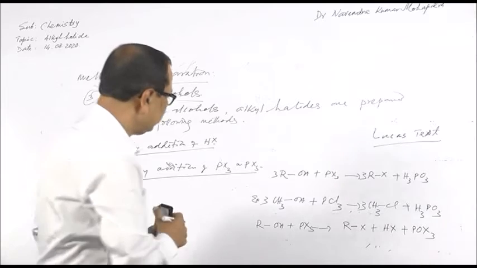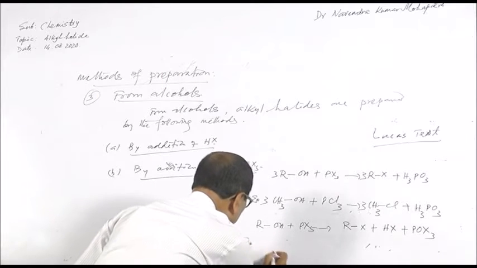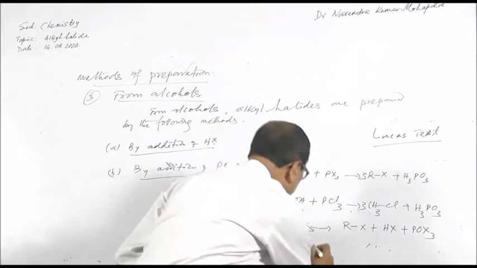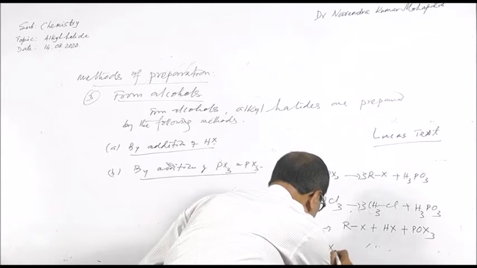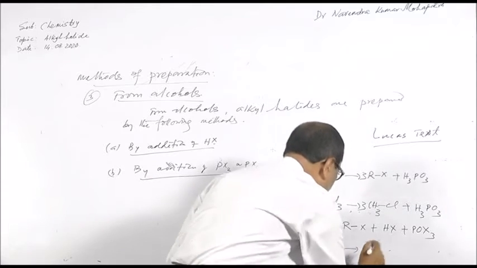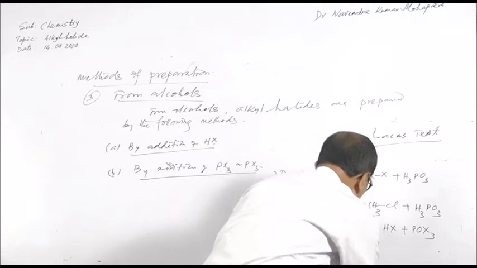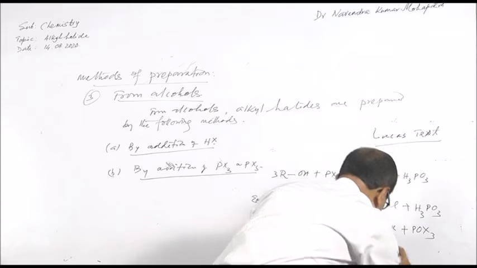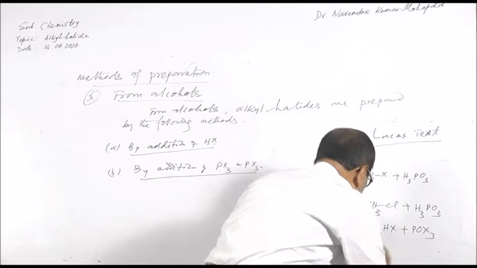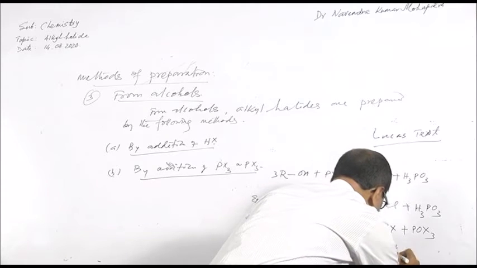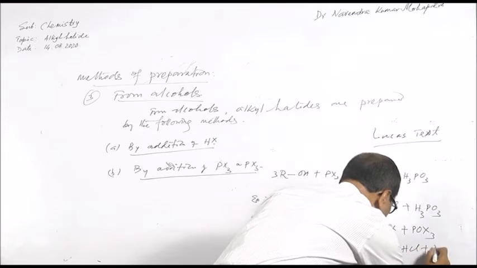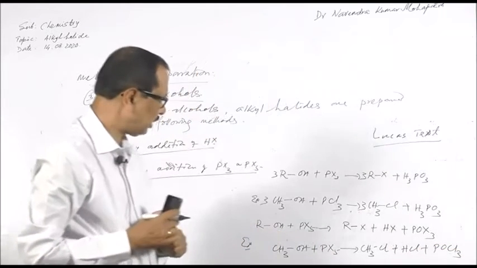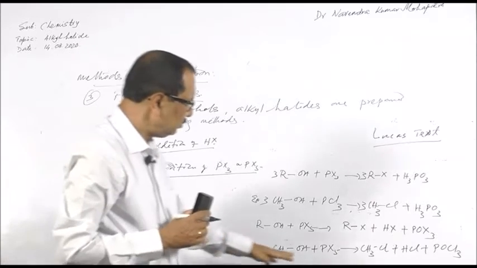For example, when methyl alcohol is treated with PCl5, the product formed will be CH3Cl plus HCl plus POCl3, phosphorus oxychloride. So these are the products.